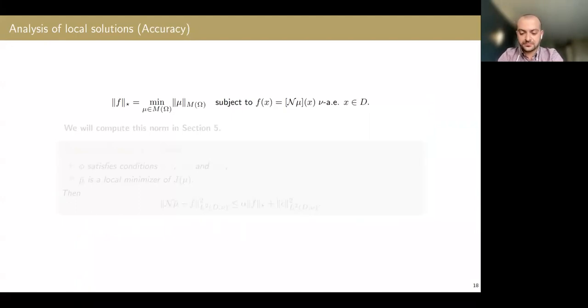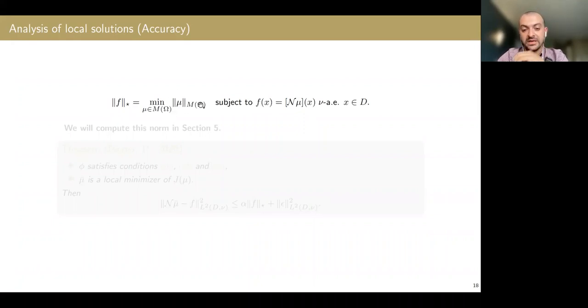To estimate the accuracy, we introduce the following quantity, the f star norm. We look at the function f and try to write f explicitly as exactly equal to a neural network, nu, almost everywhere in D. This may have multiple solutions, so it may have a kernel, and among the solutions we look at the one which has the smallest TV norm.